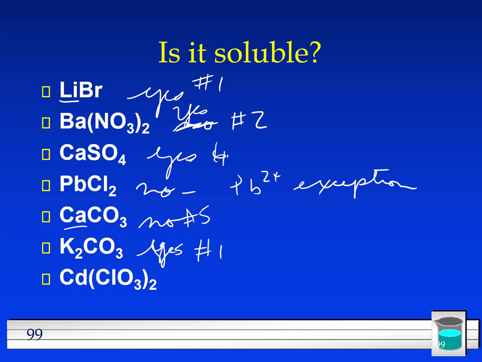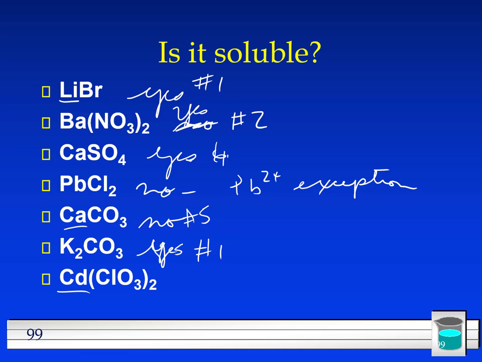Okay, so CD. It's not an alkali metal, so I've got to look at the negative. That negative piece is a chlorite. Chlorite wasn't, oh, that's chlorate. Sorry, it is chlorate. What does it say about chlorates? You say they're soluble or insoluble? Soluble?